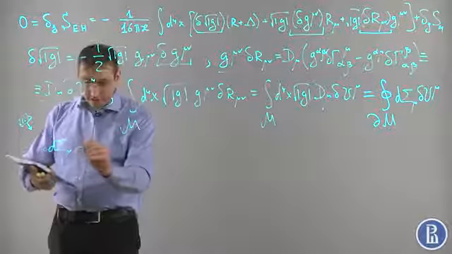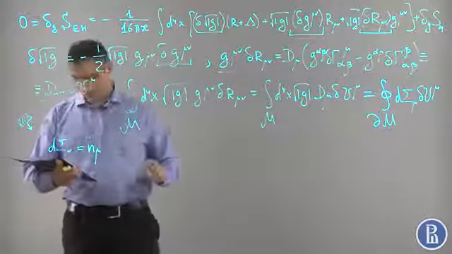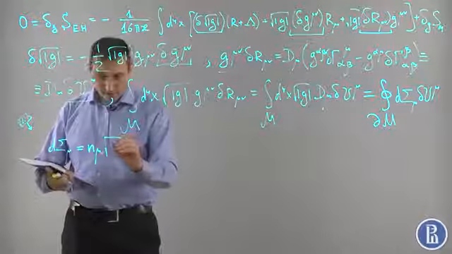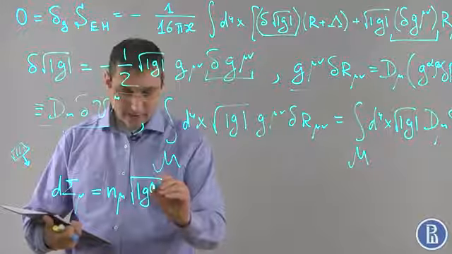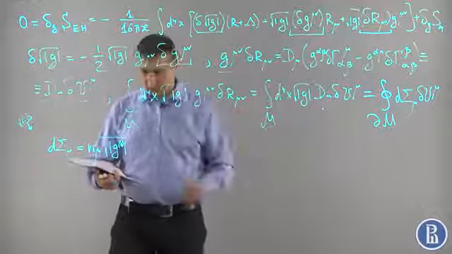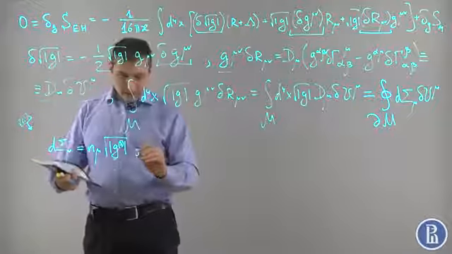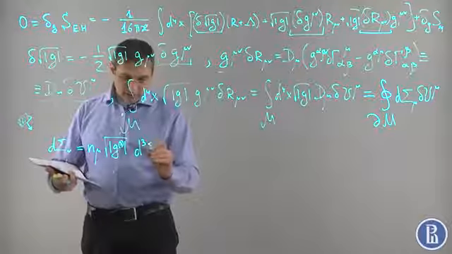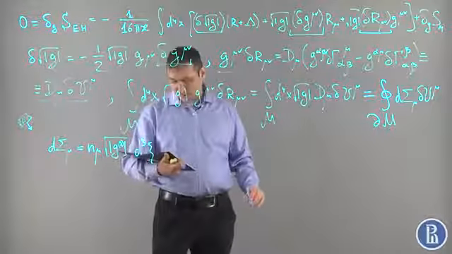So it can be written like this: n_μ, the normal vector, times the square root of the determinant of the three-dimensional induced metric on the boundary, induced from the metric g_μν in space-time, times the parameterization of the boundary of space-time.